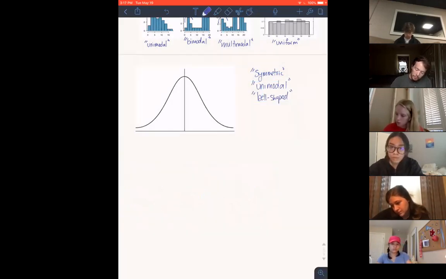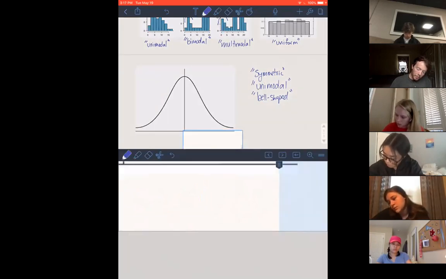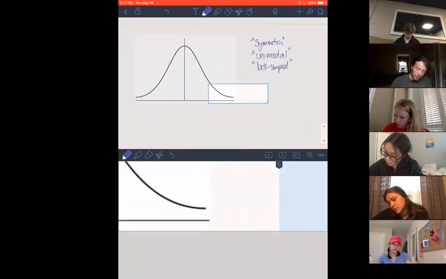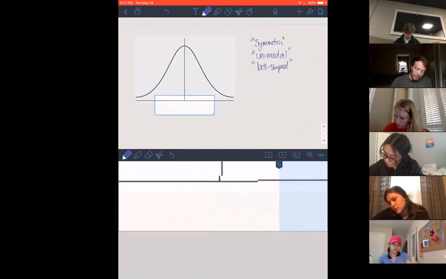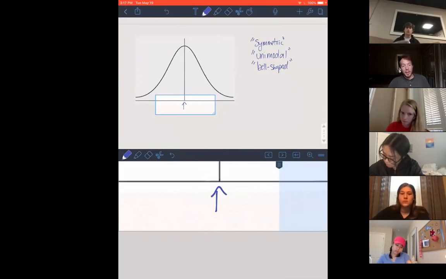Now, recall that I believe we spoke about before that the normal distribution is centered at the average of our variable.